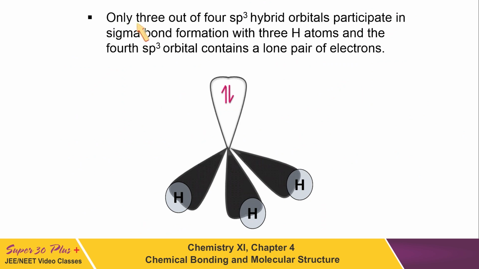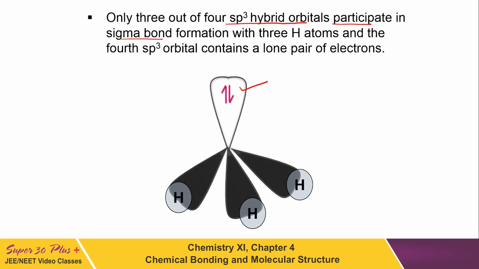So only 3 out of 4 sp3 hybrid orbitals participate in sigma bond formation. Why is one not participating? Because it is already having a pair of electrons. Students, the purpose of bond formation is pairing of electrons.